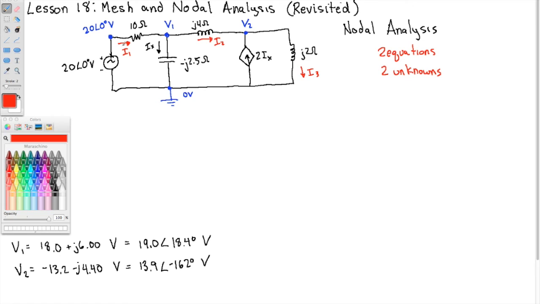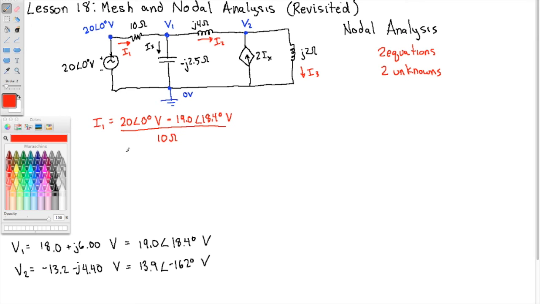If I wanted I1, I can use Ohm's law. So I've got the voltage at this side. So I1 equals 20 angle 0 degrees volts minus V1, which is this guy. We'll write it in polar form. I'm not going to solve this. Divided by 10 ohms. Okay.